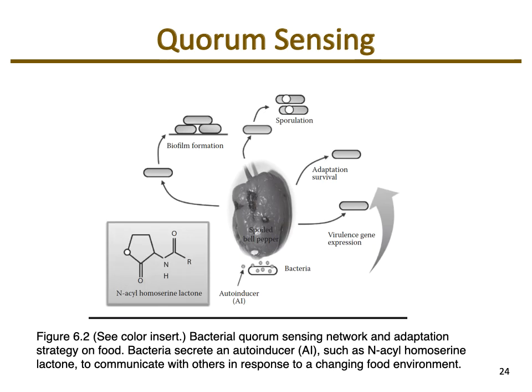So this figure just looks at quorum sensing. Quorum sensing plays a role in whether a bacteria is going to produce spores, whether they form a biofilm, whether there's some kind of survival factor that is initiated, and that could be survival from an immune response, or survival from some kind of inhibitor that's been added into the food.